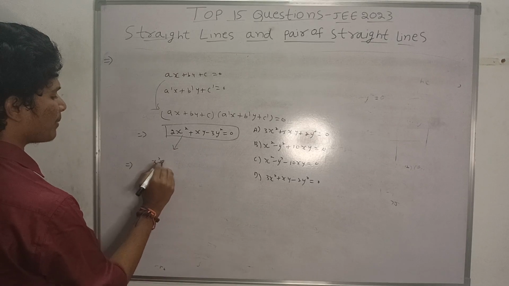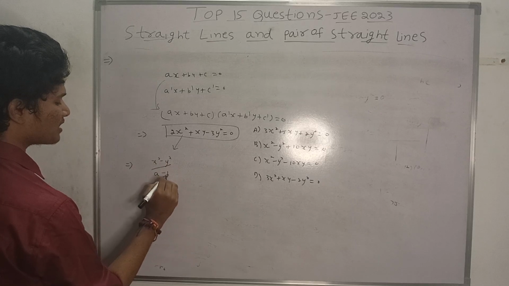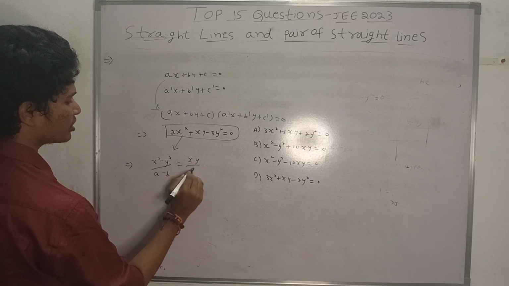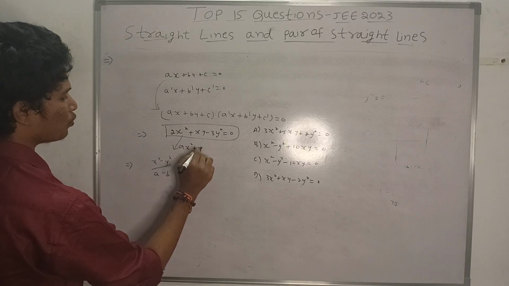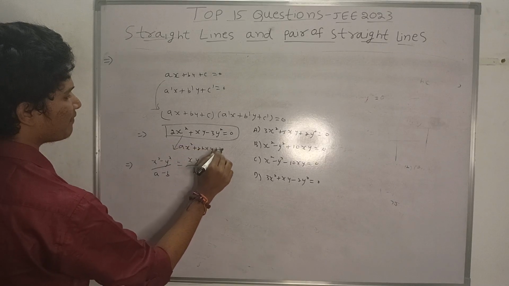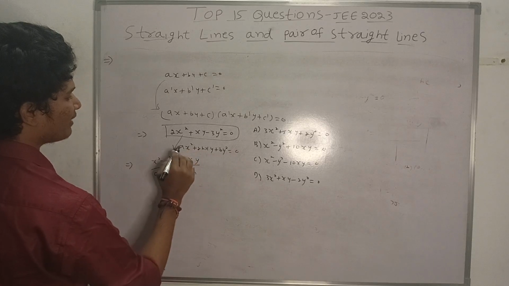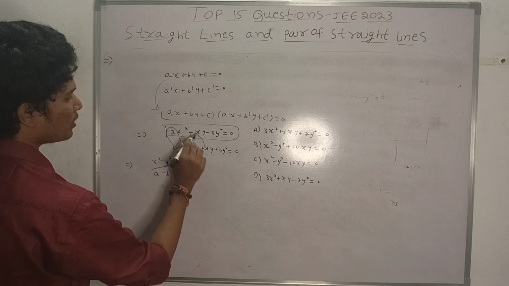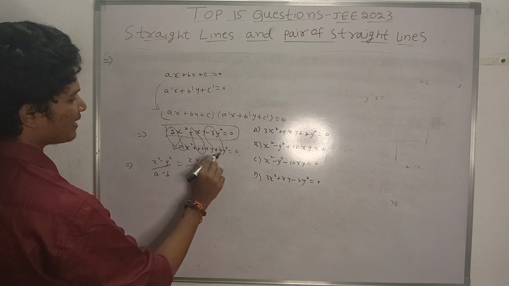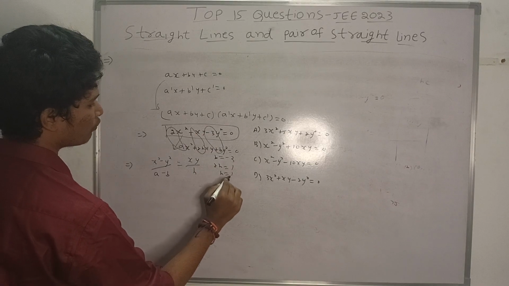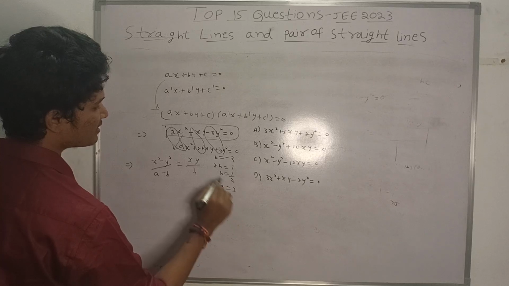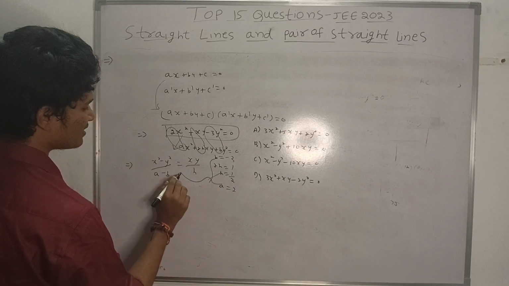I already said, what are the angle bisectors equation for this equation? That is x square minus y square divided by a minus b equal to xy by h. Simply compare with the standard equation, ax square plus 2hxy plus by square equal to 0. You will get a as 2, 2h equal to 1, h equal to 1 by 2, b equal to minus 3. Simply substitute these values in this equation.